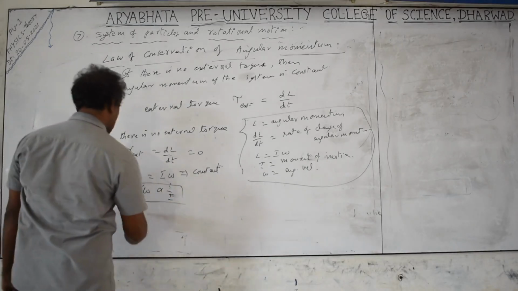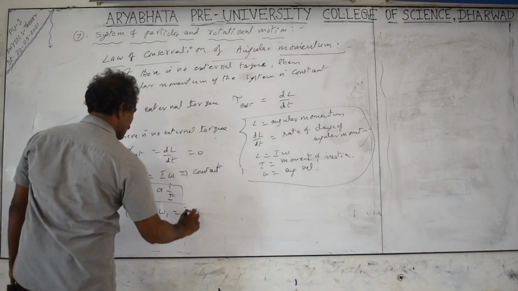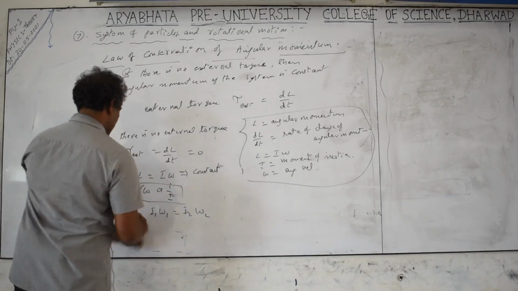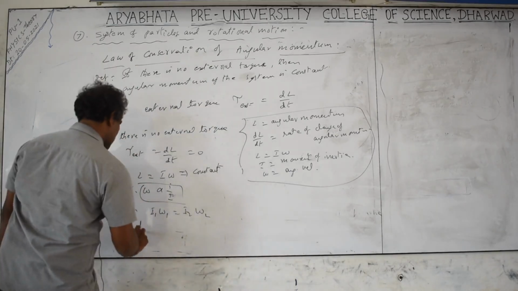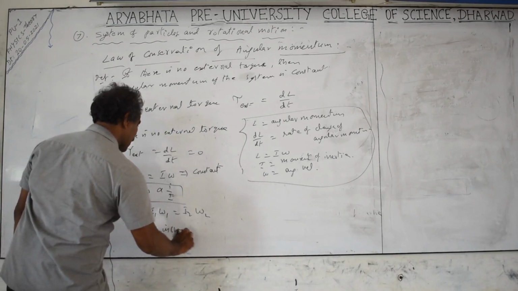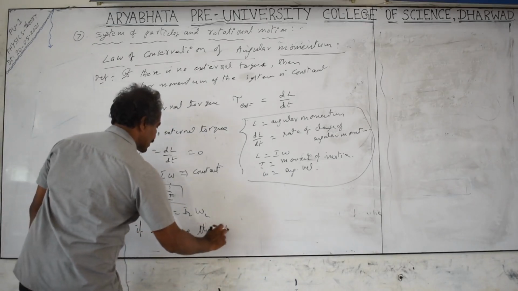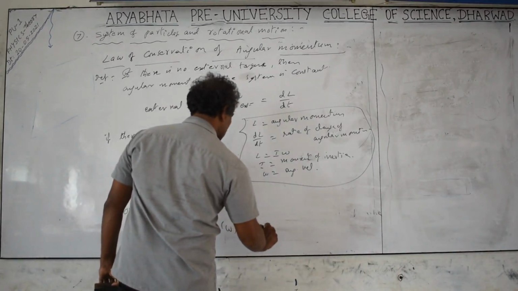Or we can also say I1 omega 1 is equal to I2 omega 2. If I increases, omega decreases, and vice versa. If I increases, then angular velocity omega decreases.